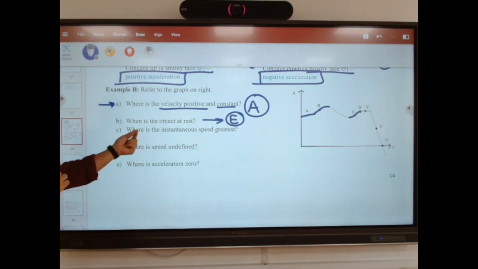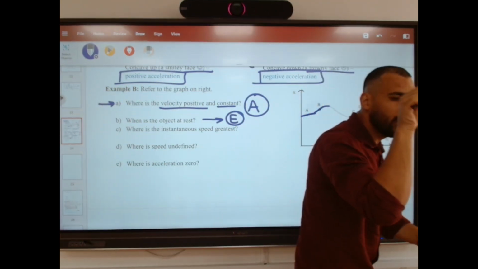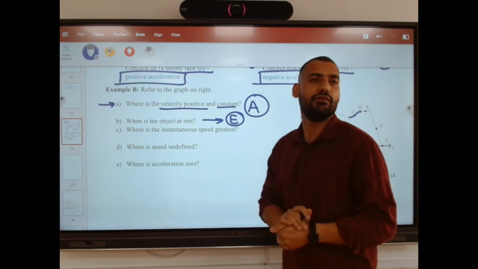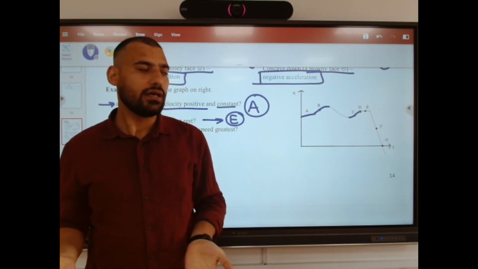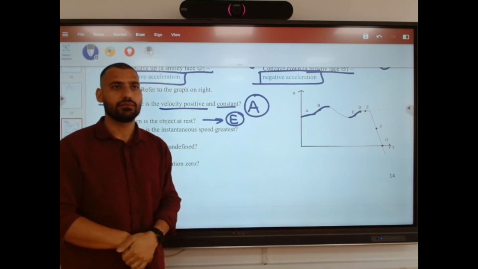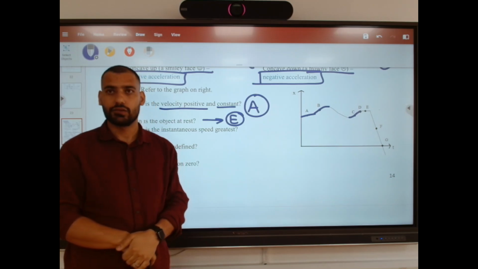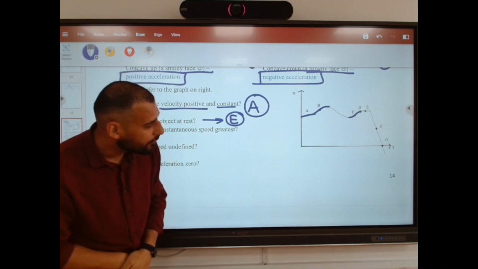What about where is the instantaneous speed greatest? The point at which the speed is maximum. It will be a point where the slope is maximum, isn't it? Out of all the points, where do you see? B? F?